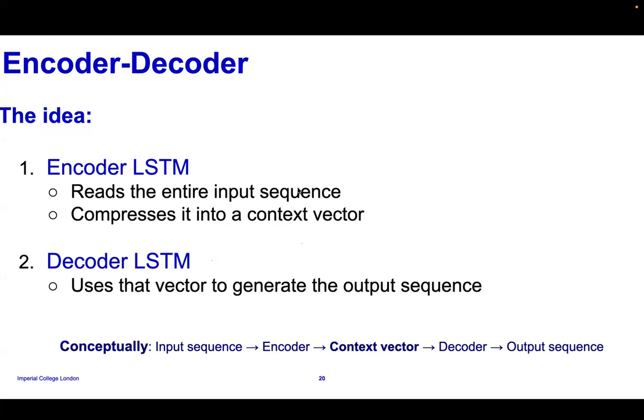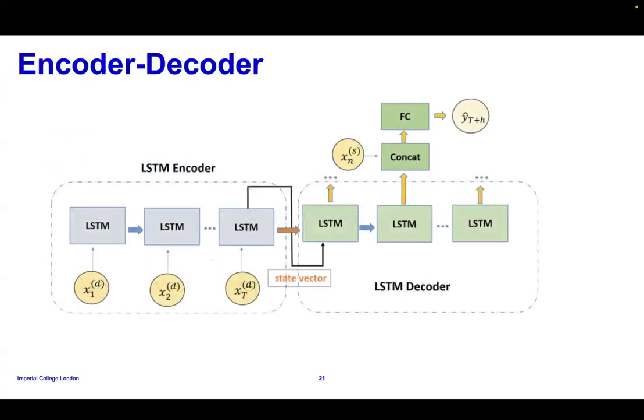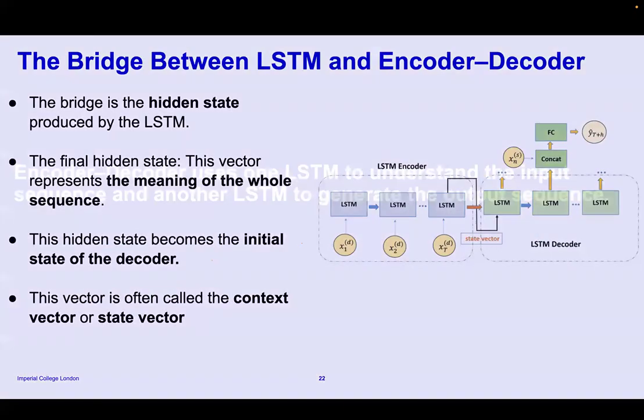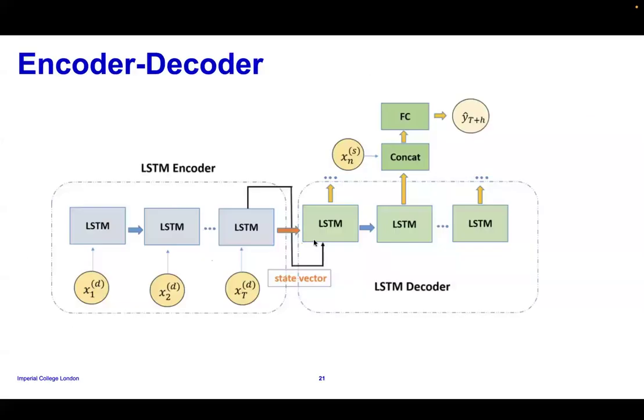What this does is, first, the encoder reads the entire sequence. When it reads the entire sequence, it compresses it into what we call a contextual vector. Let's look at it. This is one architecture, the encoder, and this is another architecture called the decoder. The text comes into the LSTM here, and then we have a vector which is passed to the next one.